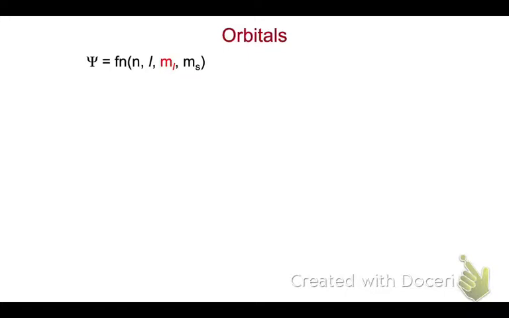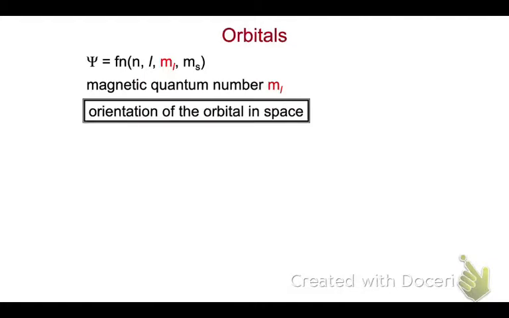The next quantum number is ml, which specifies the different orbitals of a certain L. We call it the magnetic quantum number, ml, and what it describes is the orientation of the orbital in space. I just showed you that when it comes to P, you have 3 orientations.